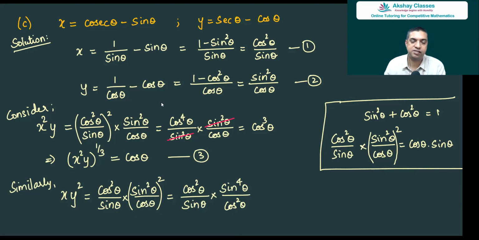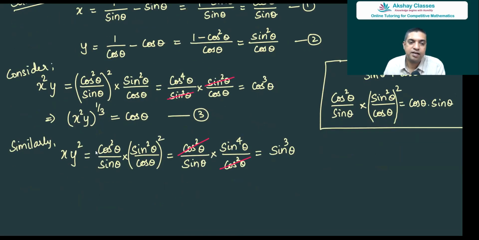So what happens? Cos square theta cancels and we get sine cube theta. So this implies x y square to the power 1 by 3 will give me sine theta.